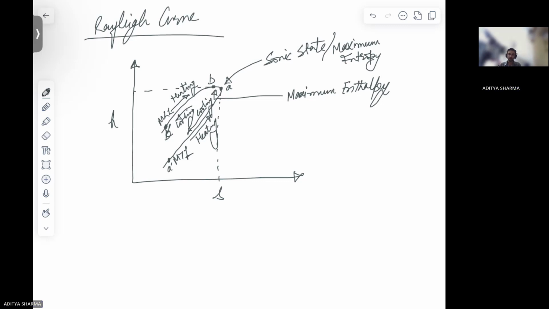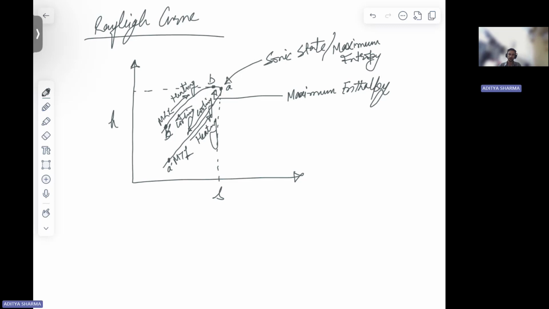By cooling. At this sonic state, if you cool, then looking at the lower curve, it moves from A to A dash. So from the subsonic state your flow has reached point A because of heating, and if you cool this flow, it will start moving towards A dash.